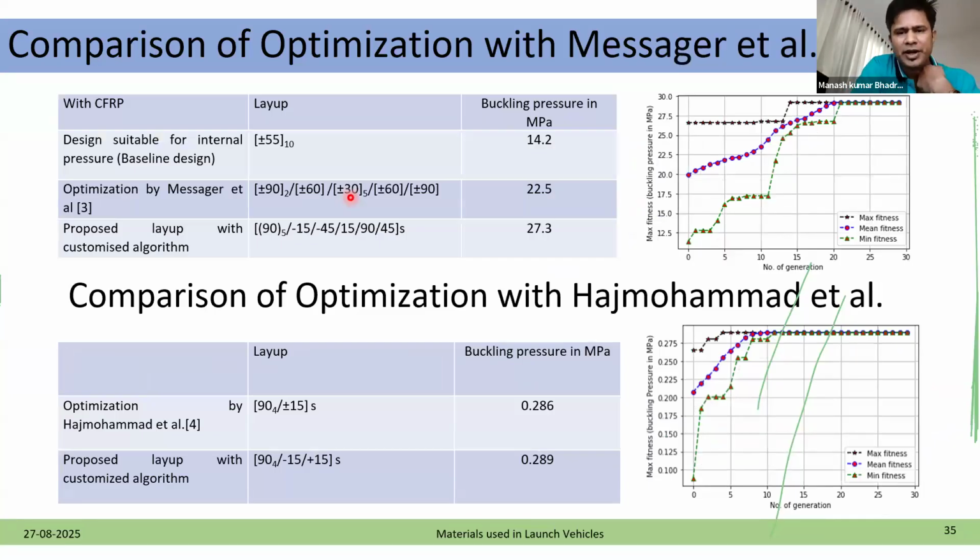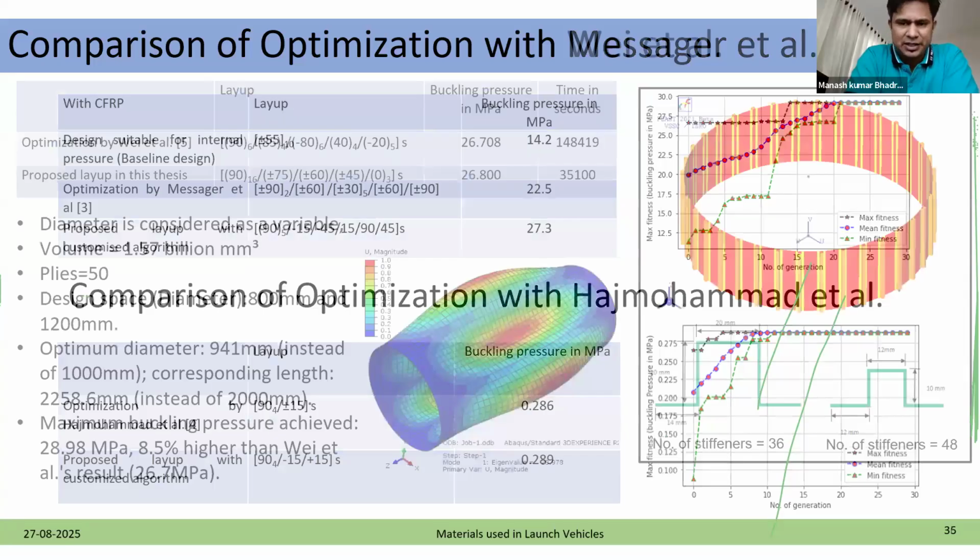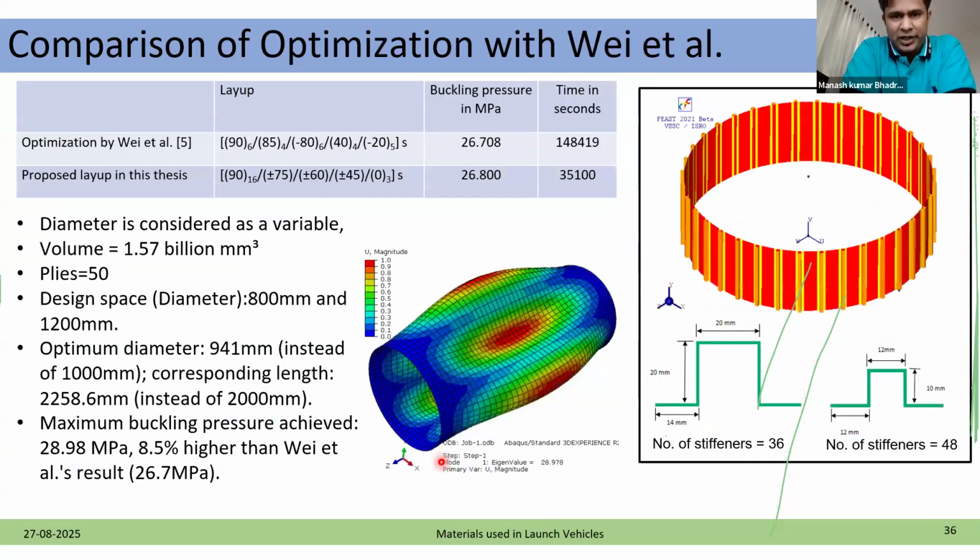And we have seen that improvement in all the cases with the proposed algorithm. The algorithm in Haj Mohammed et al., this case, we are able to almost replicate the one which was suggested by them, their optimization. So it validates the optimization process.